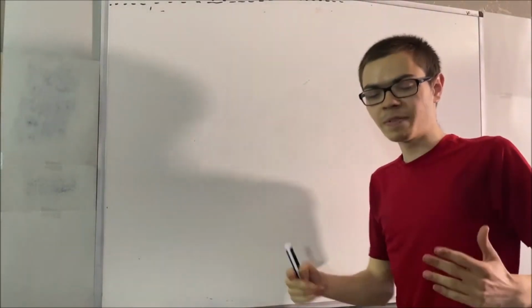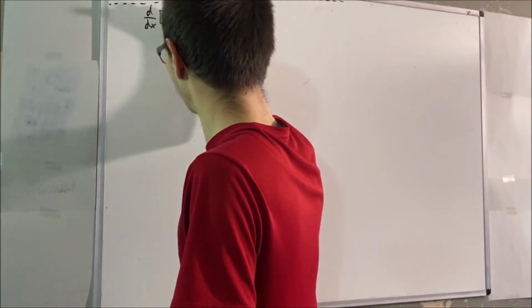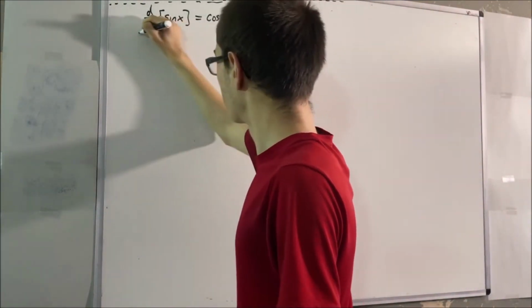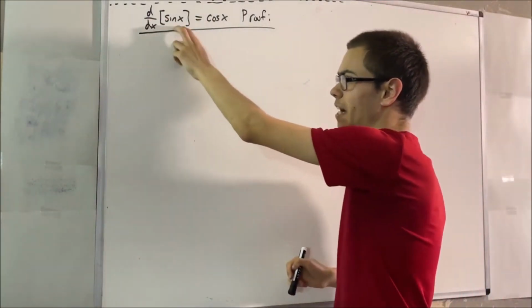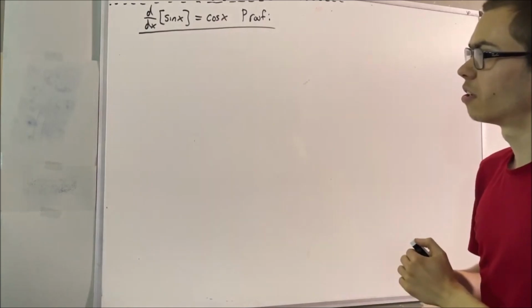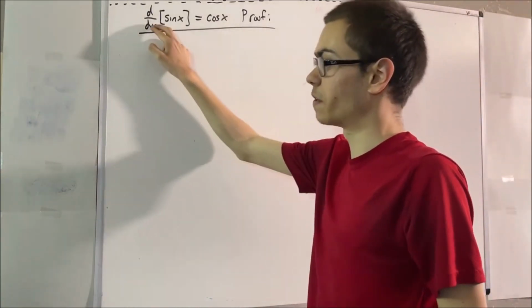Alright, so in this video, we're going to prove that the derivative of sine x is cosine x. So how do you suppose that we prove that the derivative of sine is cosine? Well, we could start out by using the definition of a derivative.